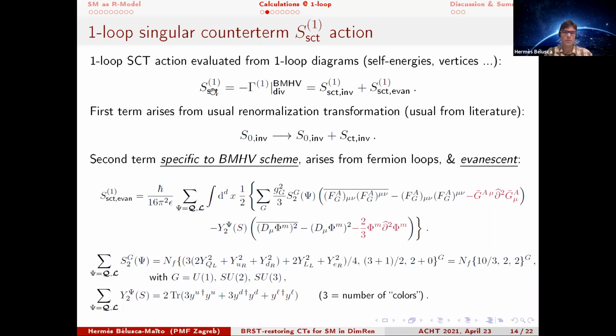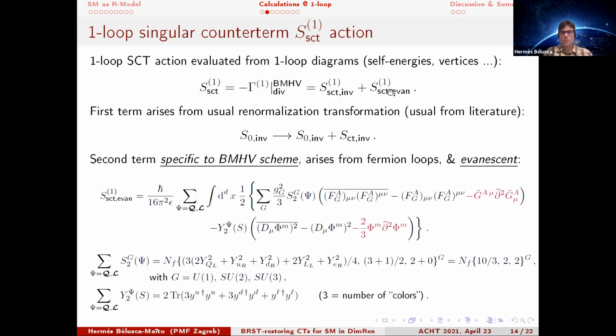There is a part that I would call the invariant singular counterterm action. And this part has basically the same properties as those that we know from calculations done, for instance, in the naive gamma 5 scheme. And the structure of this comes from, for instance, the usual multiplicative renormalization transformations that we know from the literature.